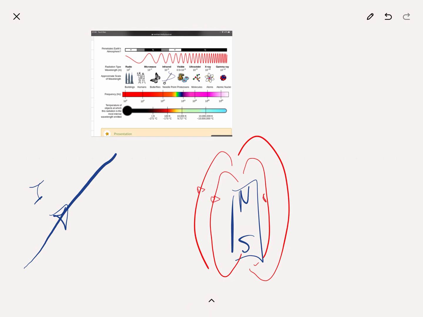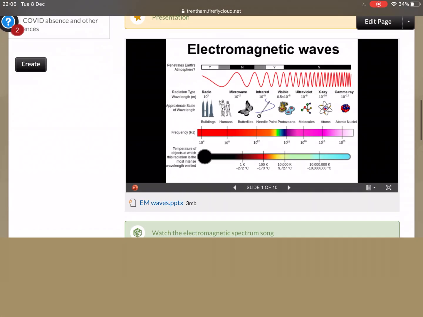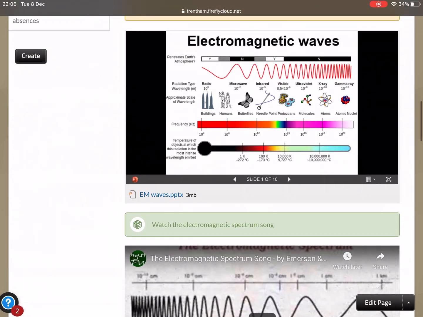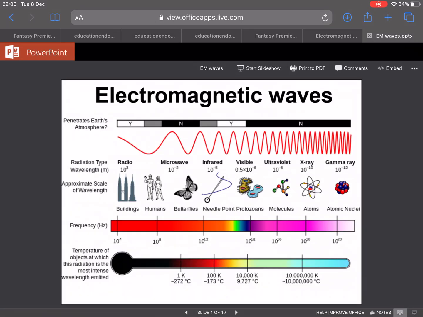And around a wire we would have an electric field. Now, an electromagnetic wave is an oscillation in that field, so it's the field itself changing. And to give you a bit of a visual explanation on that, if we go to this PowerPoint here, I wonder if the animations are going to work.